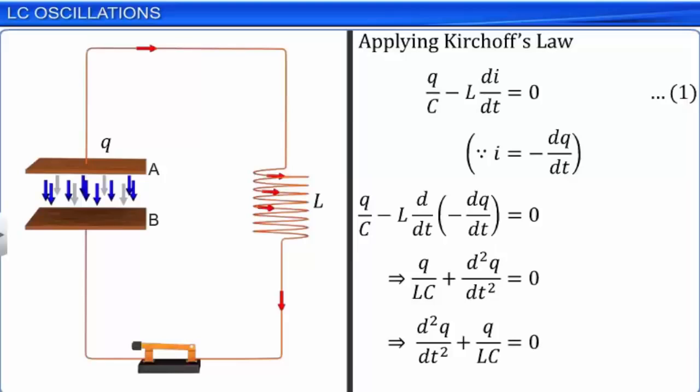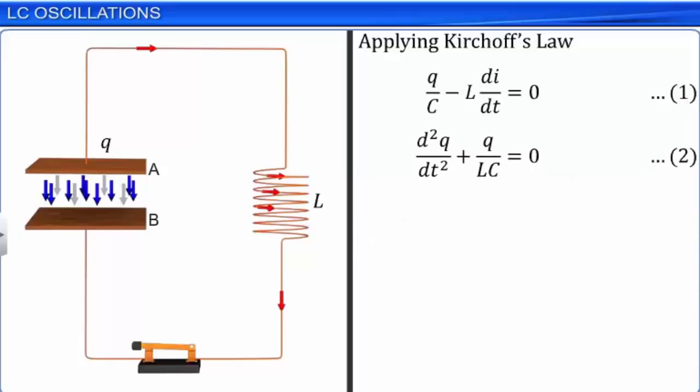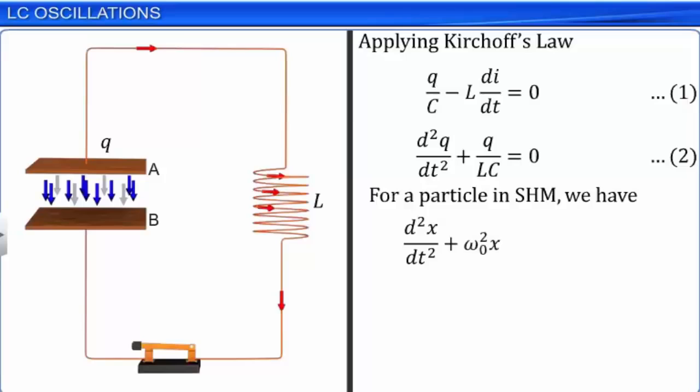We learnt earlier that the equation of motion for a particle of mass m in simple harmonic motion along the x-axis with a natural angular frequency 𝜔0 is d²x/dt² plus 𝜔0²x is equal to 0. Let this be equation 3.